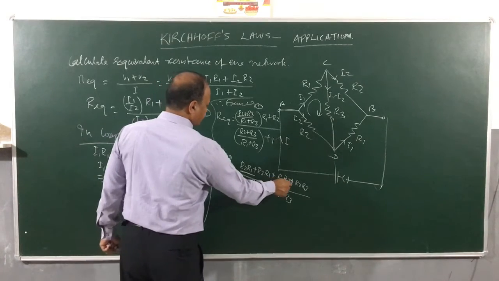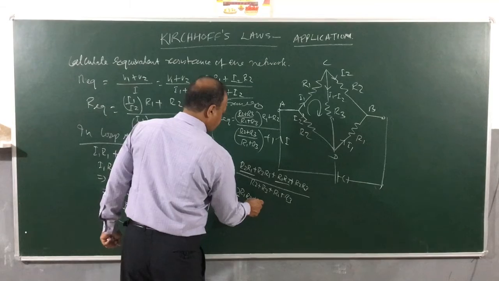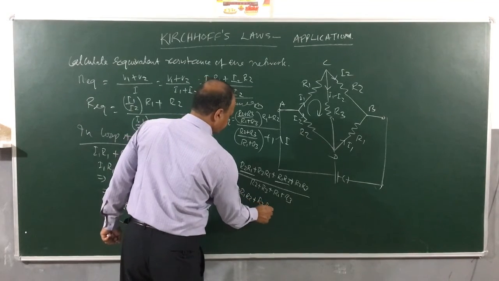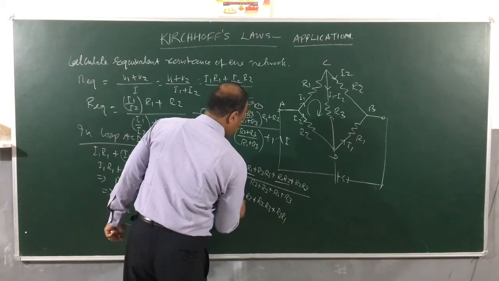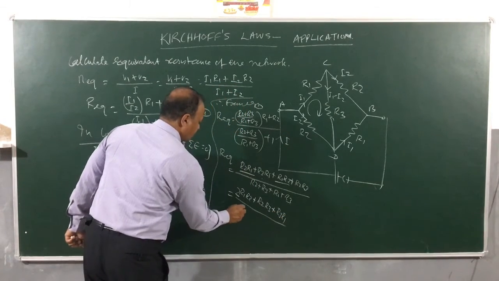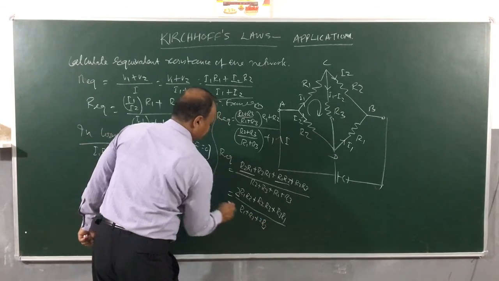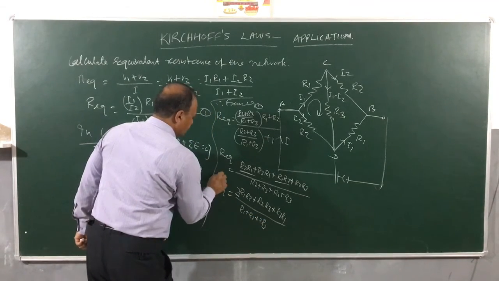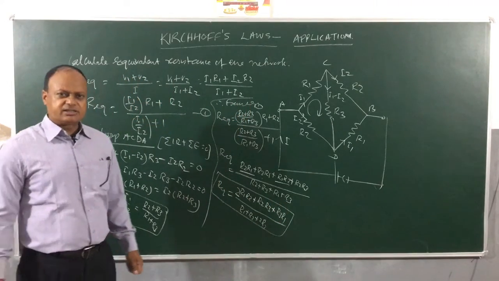R1 R2 is repeated twice, so twice R1 R2 plus R2 R3 plus R3 R1 divided by R1 plus R2 plus 2 R3. So this is the equivalent resistance, right?